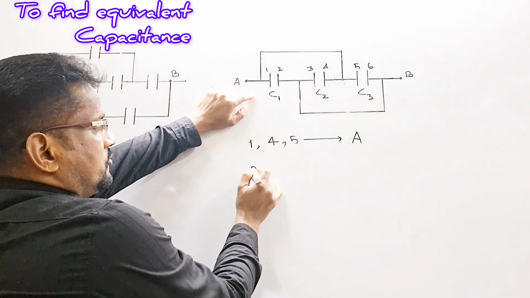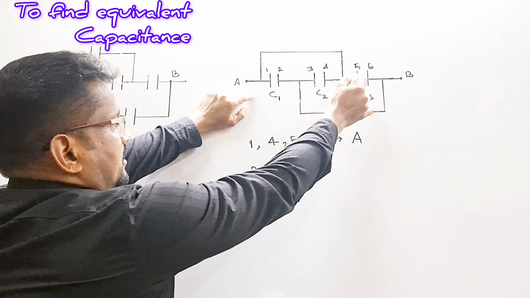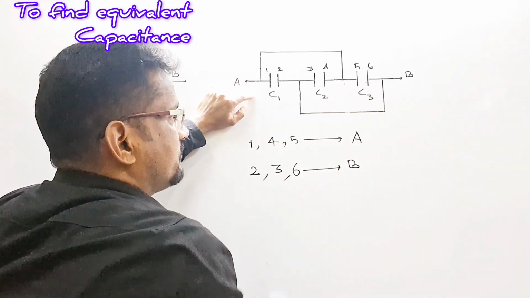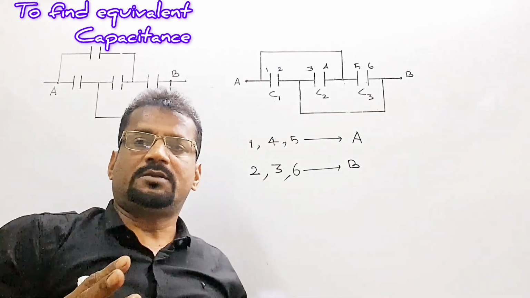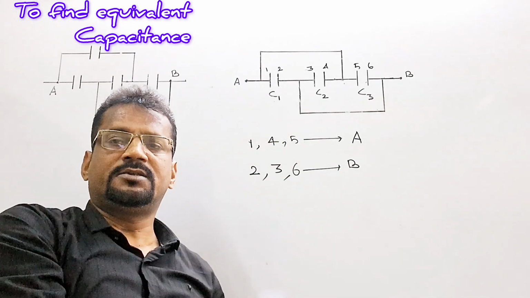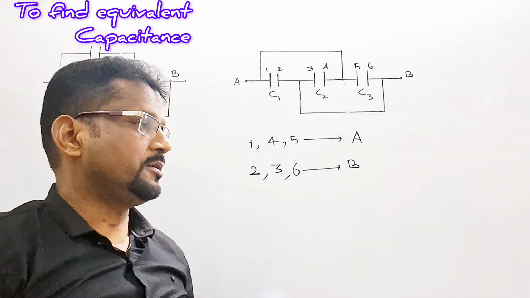Then plate 2, and which plate is left? Plate 3, and in this case plate 6, and these three are connected to B. It means for the three capacitors, one plate of each capacitor is connected to one end, and the other plate of each capacitor is connected to the other end.